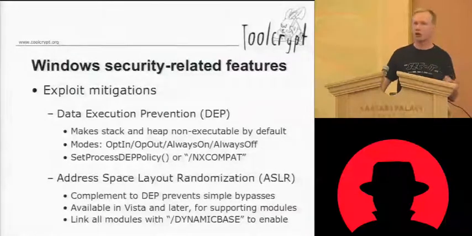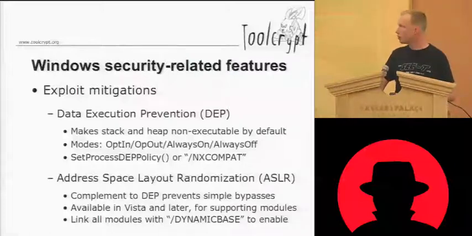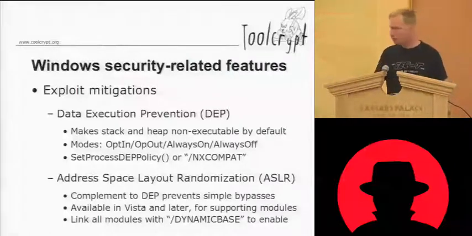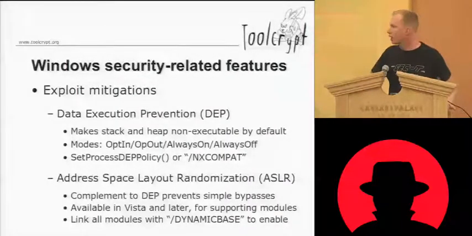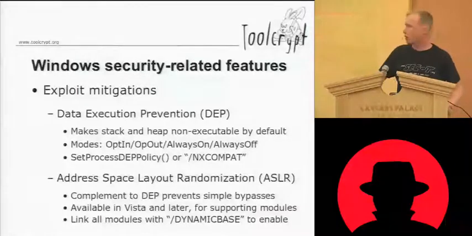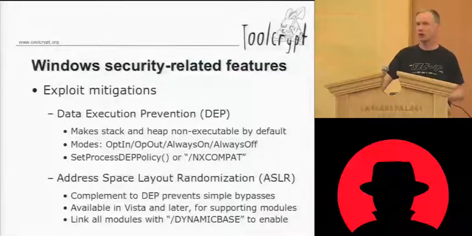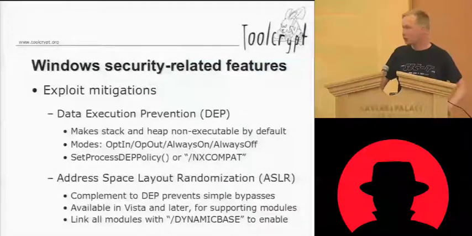So there are about 256 different places where your module could end up in memory, which makes it much, much harder to make a reliable exploit that circumvents DEP. Like I said, available in Vista, and you need to be linking all your modules with the dynamic base linker switch to make sure that you can use ASLR on Vista.